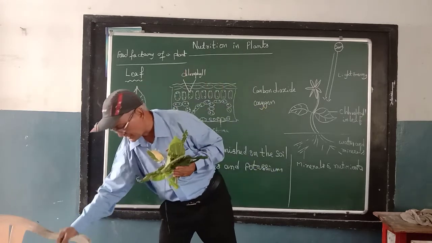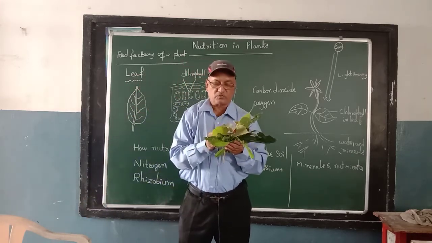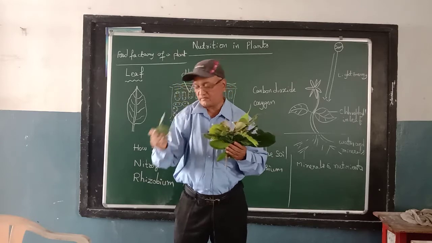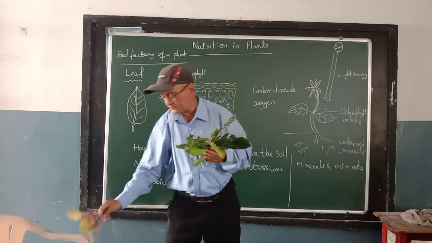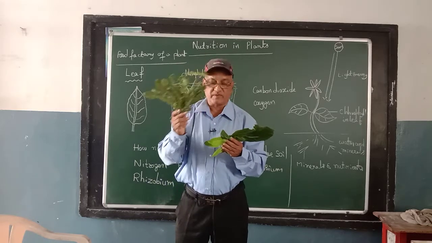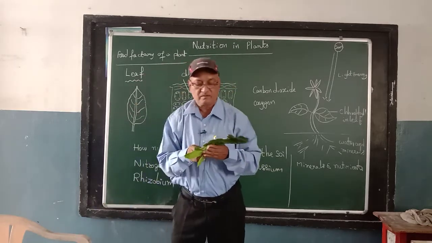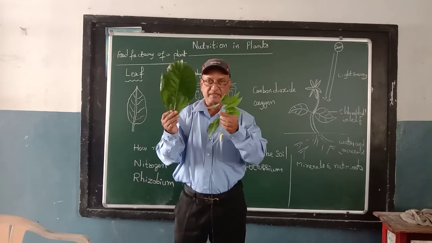Once again I explain, these are creepers. This is a leaf like tulsi leaf, this one banyan tree leaf, this one amla leaf, this one badam tree leaf, this one custard apple tree leaf.